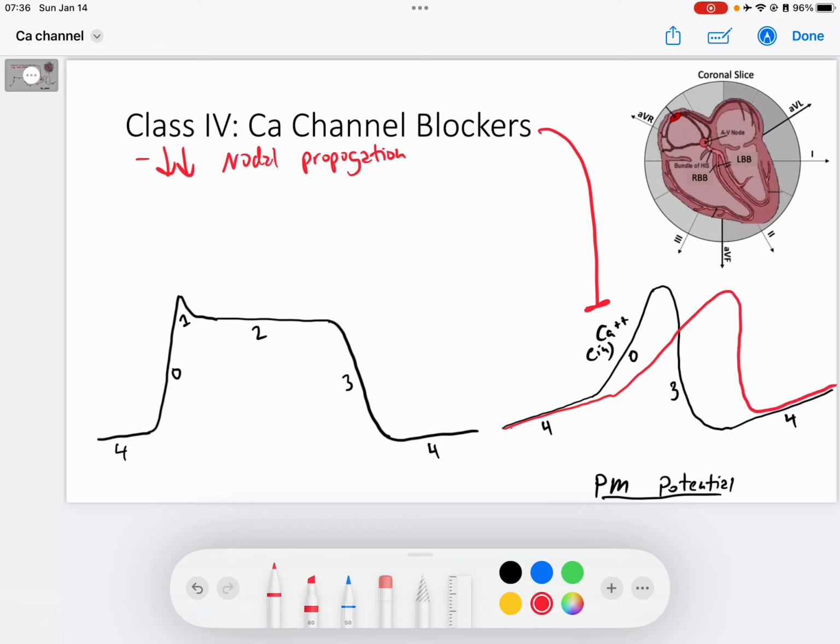And so we're going to decrease the rate of propagation throughout our nodes. And really, if we do that in our AV node, that can slow the AV node.